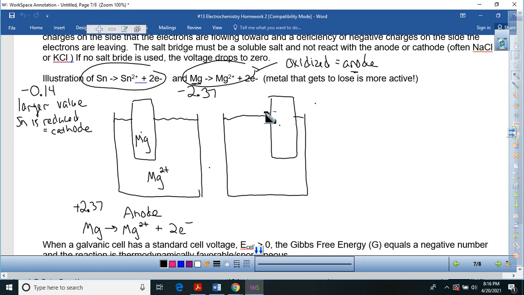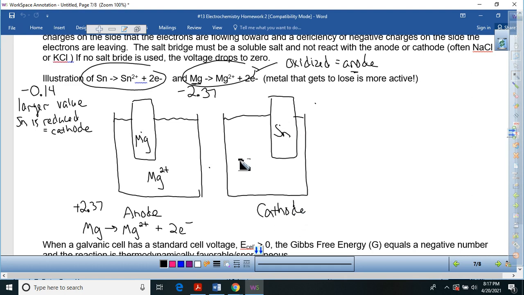Each half cell is going to have the metal electrode. Because magnesium is my anode, the electrode on the anode side is magnesium metal. Because this is my cathode, the side where I have the tin, my tin strip of metal is my electrode on the cathode side.